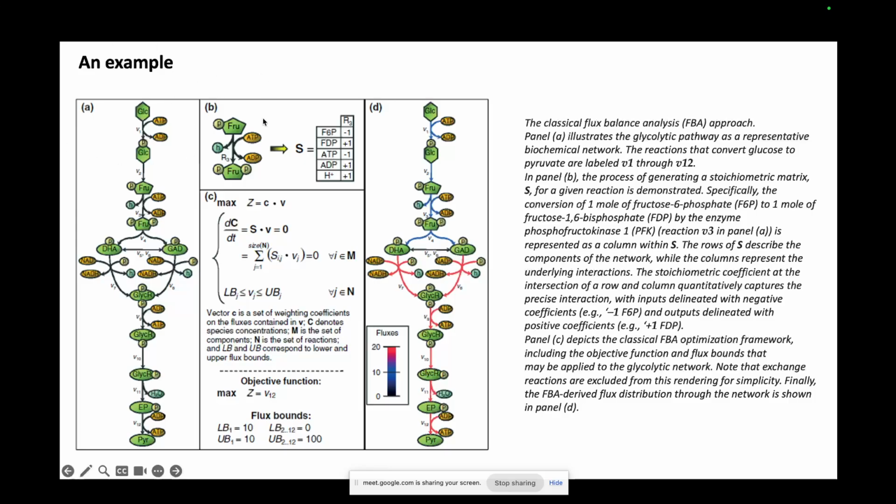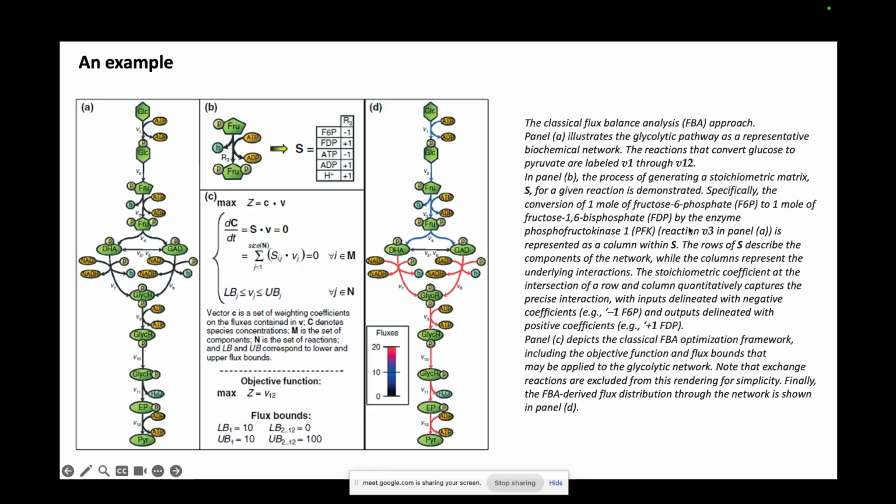Fructose 6-phosphate is the starting reactant, and FDP is the diphosphate version, fructose 1,6-bisphosphate. So this has +1, and fructose 6-phosphate has -1. ATP is getting converted to ADP, so ATP will be -1, ADP will be +1, and a proton is being released, so H+ will be +1. This is how for each reaction you can formulate the stoichiometric matrix, right?